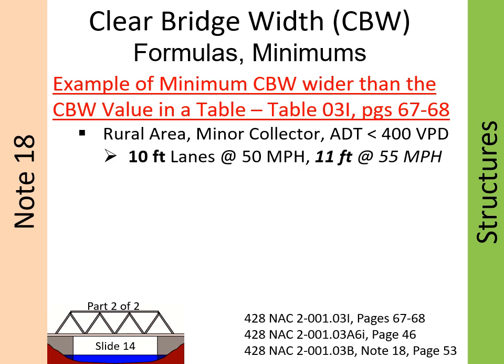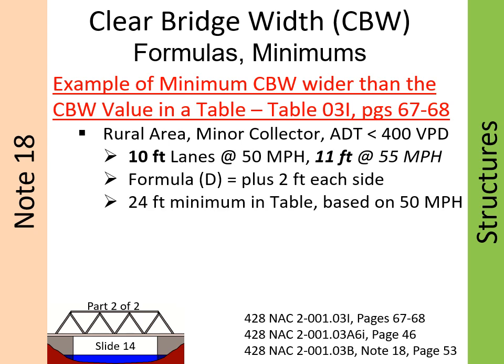The table is based on a 2-lane road, therefore the minimum traveled way for the 50 mph design speed is 20 feet. The clear bridge width according to Note 18, Formula D on page 53, which adds 2 feet to each side, is 24 feet, and this is exactly the minimum value shown in the table.